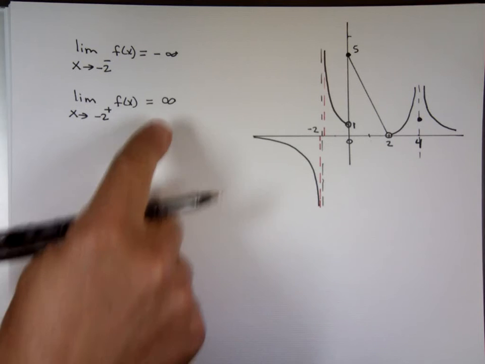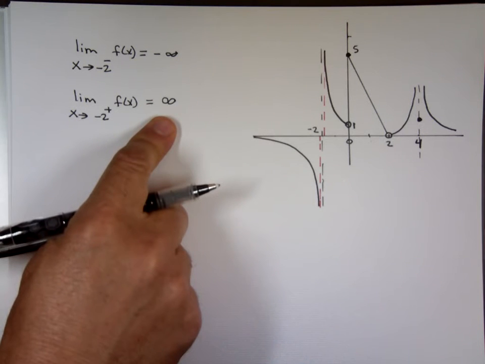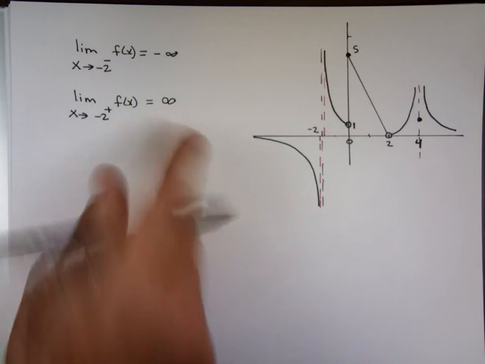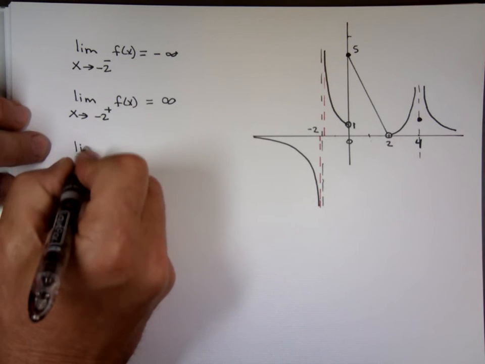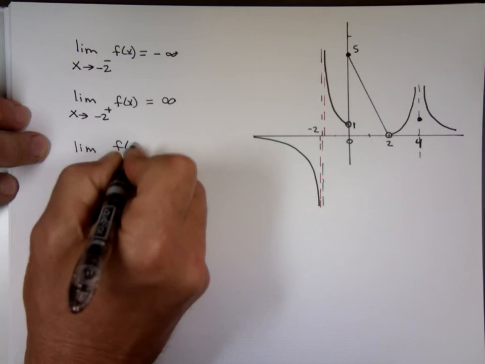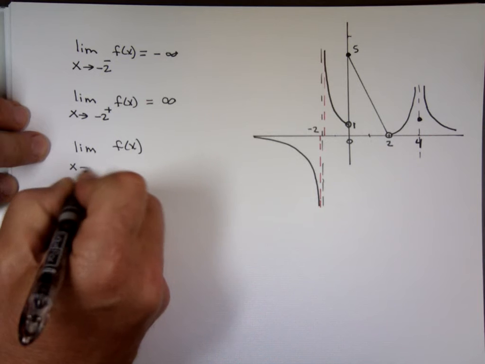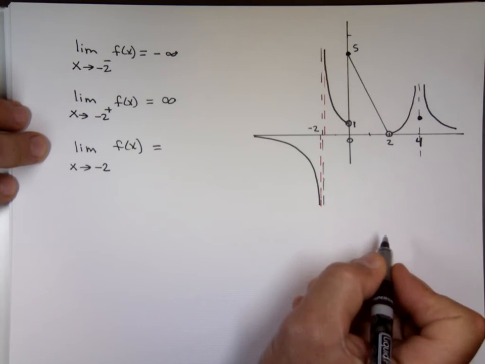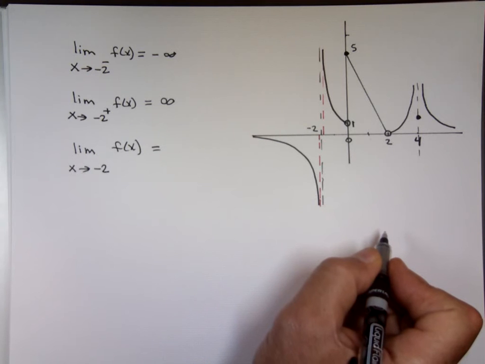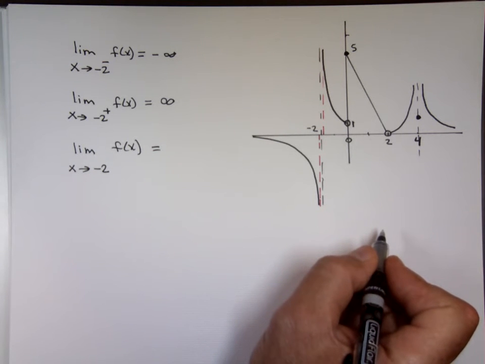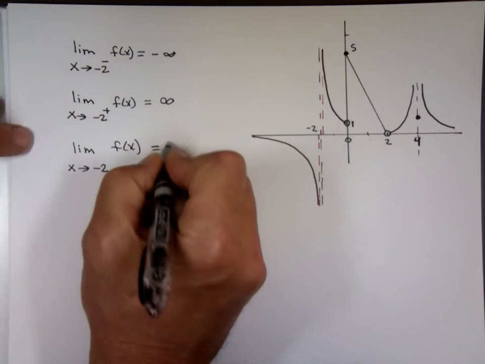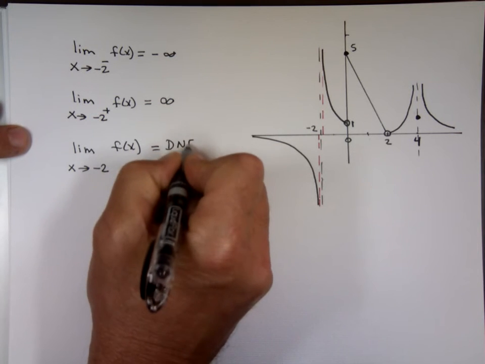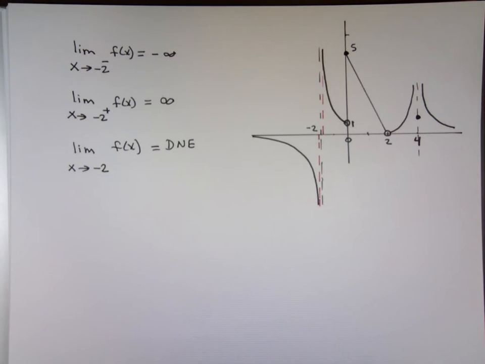If we ask you from the right, you write what? Positive infinity. If we ask you what's the limit of f of x as x approaches -2, we're not saying left or right. What's your answer? Does not exist. Very good. The left side, the right sides don't match.